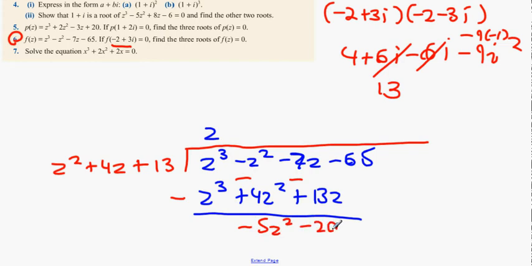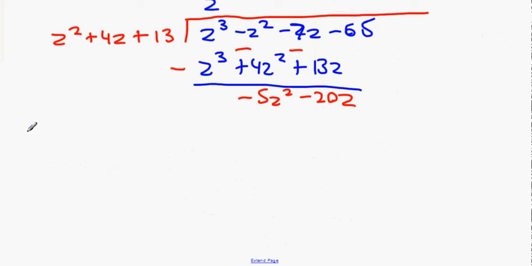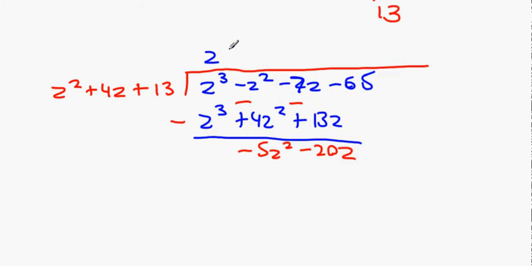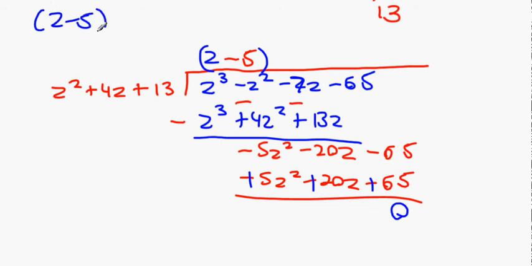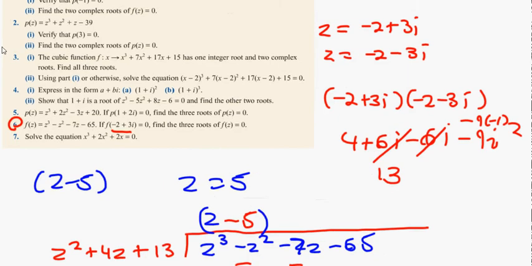Minus 20z. Okay, and then we're going to look up again, and this time it'll go in minus 5 times, so then we're going to get minus 5z squared minus 20z, minus 65, so this one's also going to be minus 65. Then we have to turn them into pluses, then we get 0. So now we know that z minus 5 is the other factor, and if z minus 5 is the other factor, then z equals 5 is the other root. Okay, and that's question 6 done.